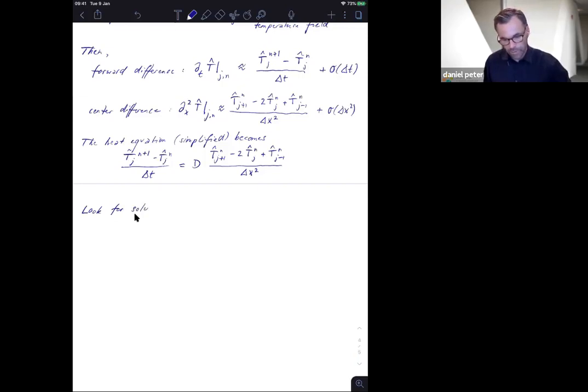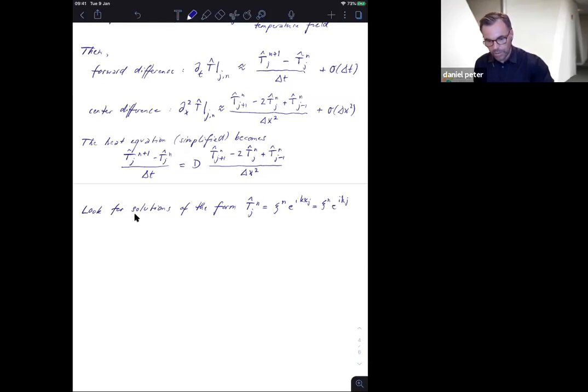So look for solutions of the form T_j^n can be written as this psi amplitude times e to the i k x_j. If you want, x_j can be written in these grid space terms, j delta x.